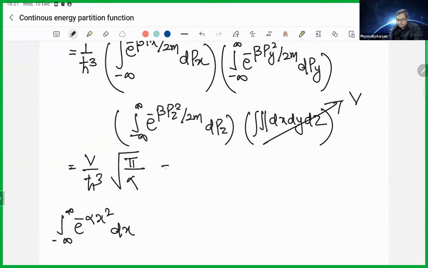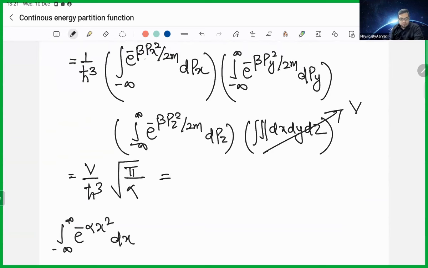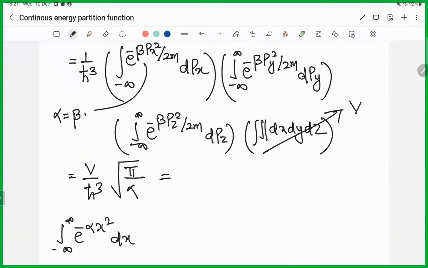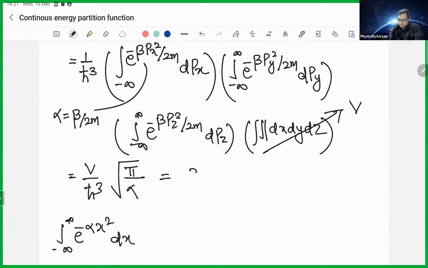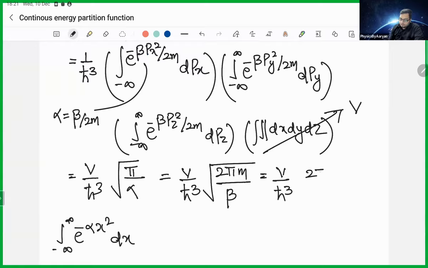Remember? And in our question, what is alpha? Alpha is beta by 2m. So if I do that, I will get V by h cube into 2 pi m by beta, or you can say V by h cube 2 pi m kBT.